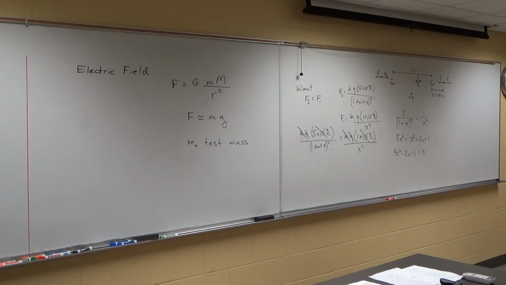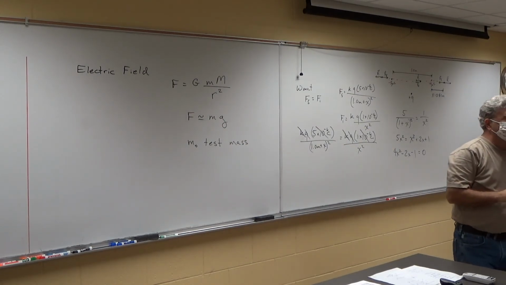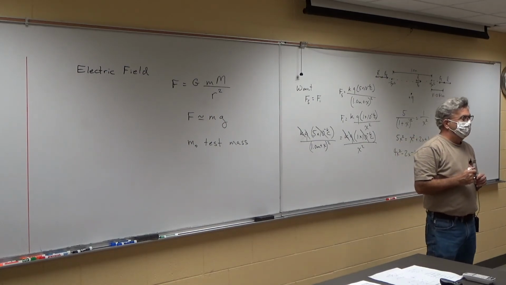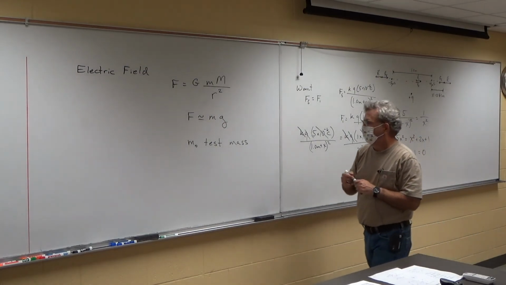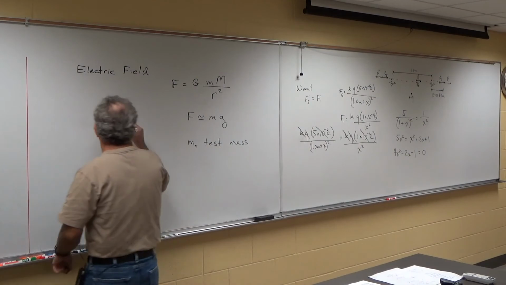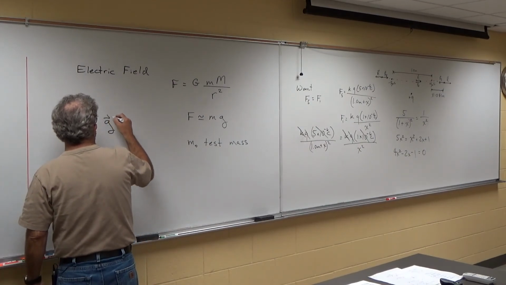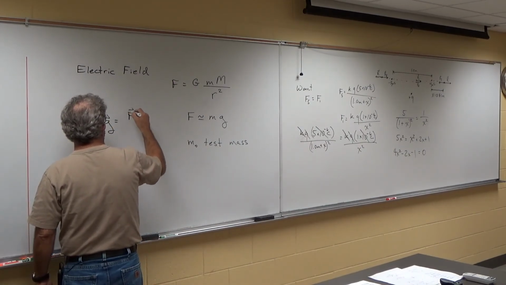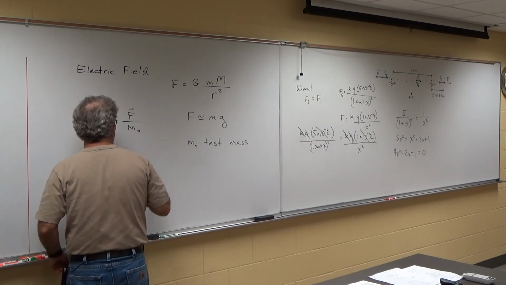So I can map out that force for the room. And G as a vector becomes F over m naught.